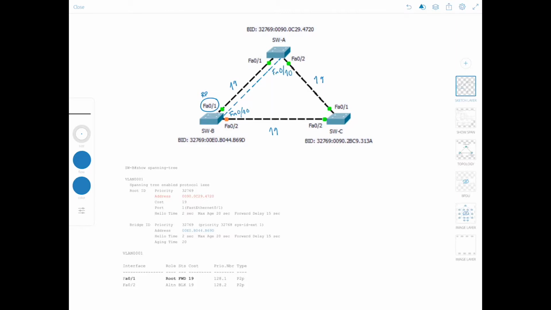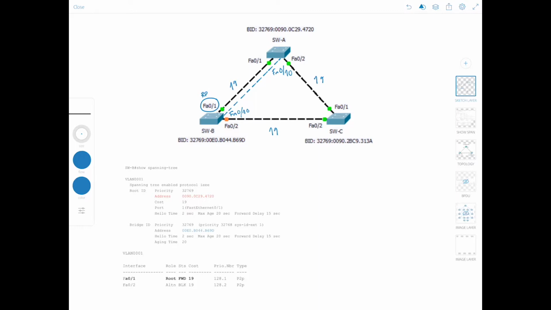Like that. So one of these interfaces must block. And which one is it going to be? Well, that is defined by the port ID.